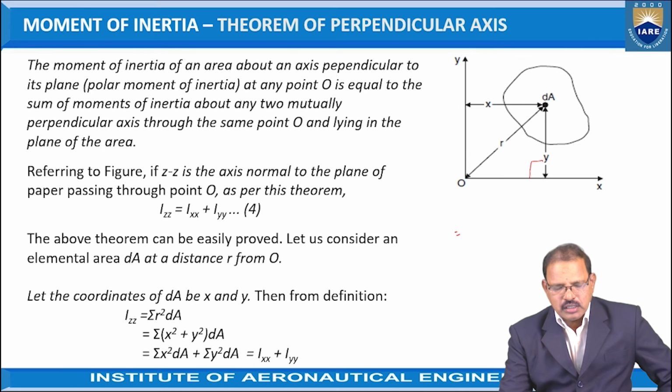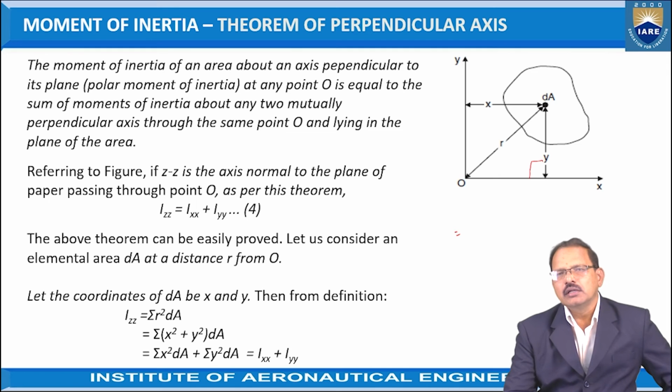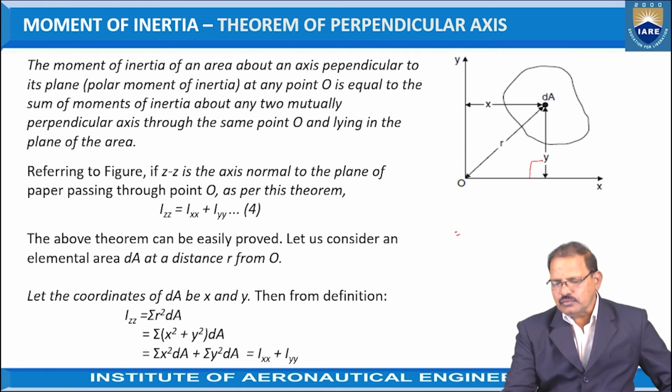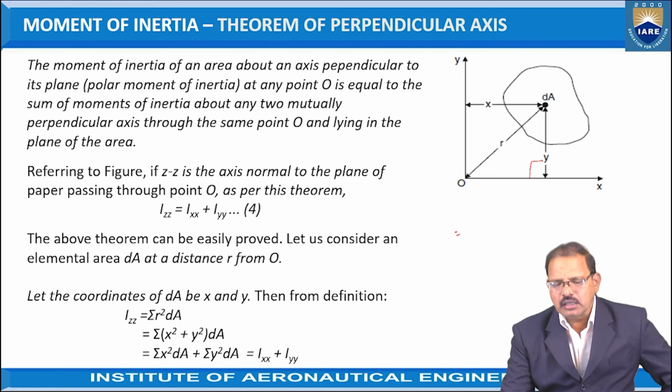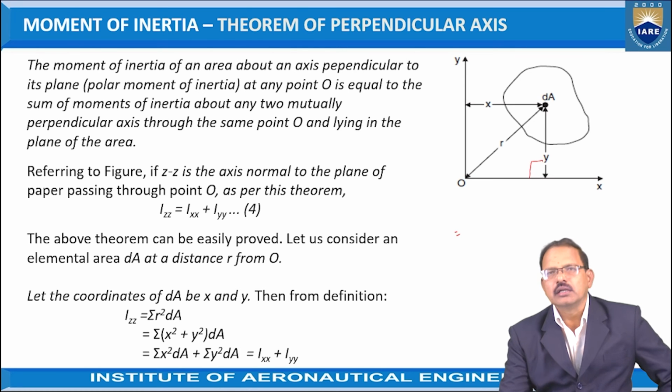Hence, IZ is equal to IX plus IY. It is the most important terminology used for determination of power transmission through the shafts. This theorem is called the perpendicular axis theorem, and IZZ is called the polar moment of inertia.